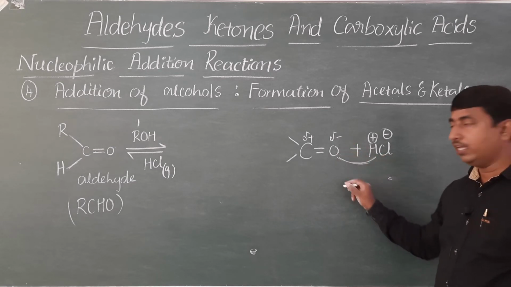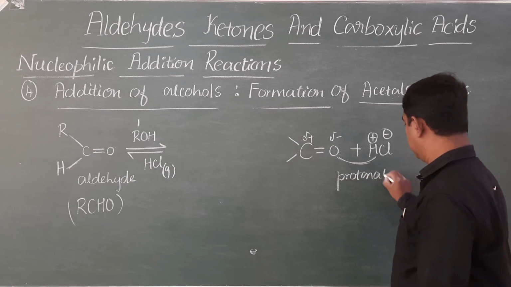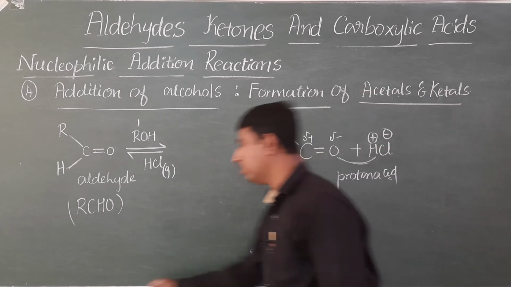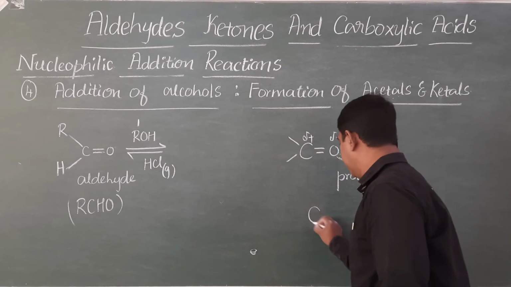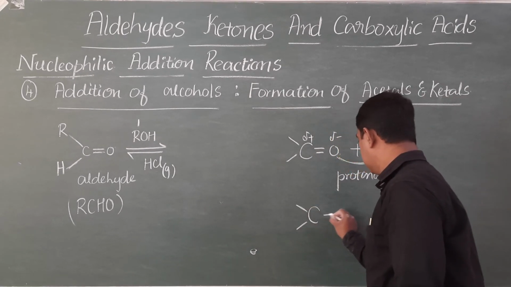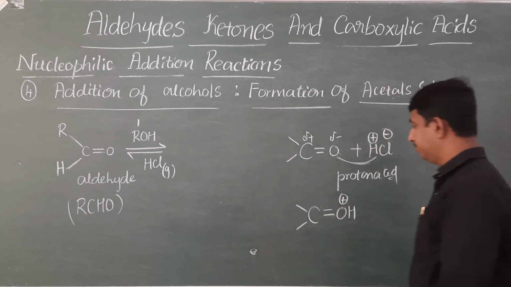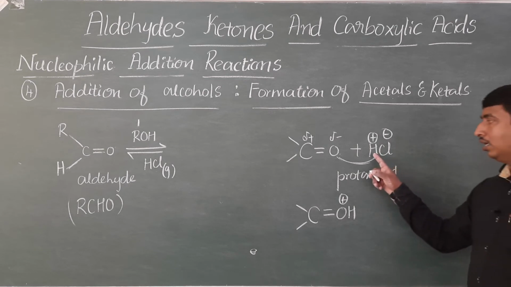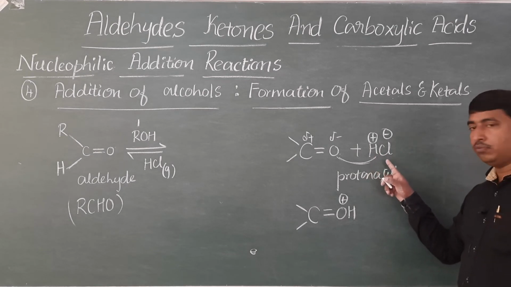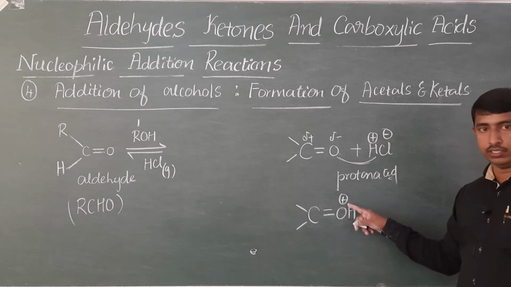This oxygen is protonated. Protonated means it becomes OH plus. So after accepting a proton from HCl, it becomes C double bond OH plus.